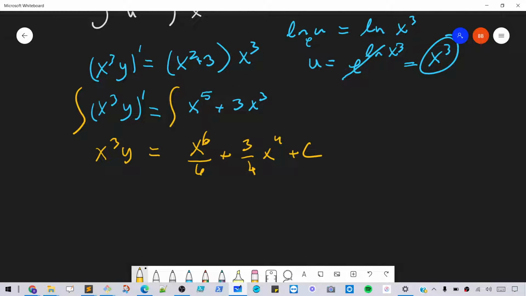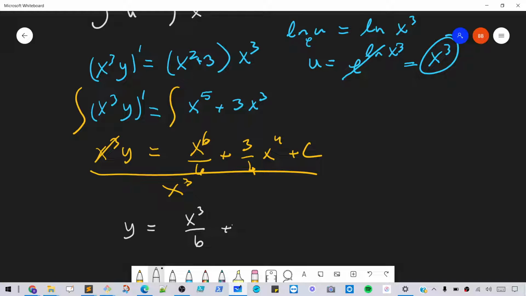Then next we can just divide by x cubed to get rid of this, cancel here. And then what we're left with is y equals x to the third over 6 plus 3/4 x plus c x to the minus 3.